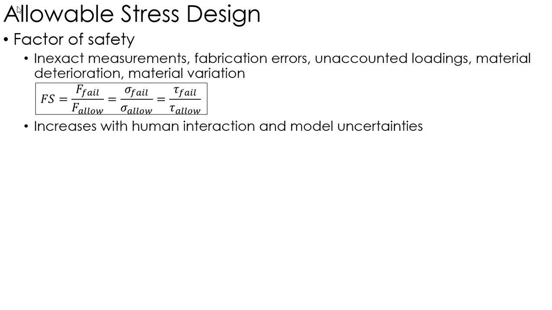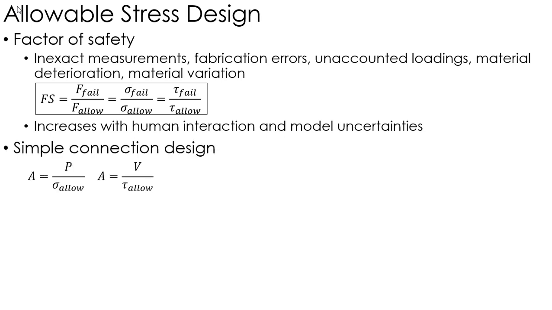So we always go bigger than 1, and it keeps going up higher and higher, say when we've got human interaction. If people's lives are in danger, you're going to want a higher factor of safety. Or if you aren't really certain about your model, you're going to want to bump up that factor of safety a little bit to account for any uncertainties that might come with your model.